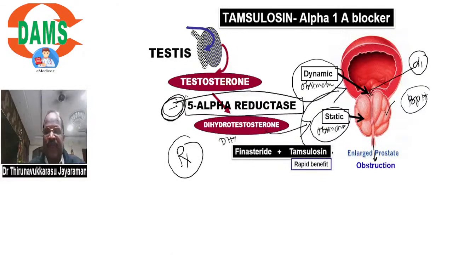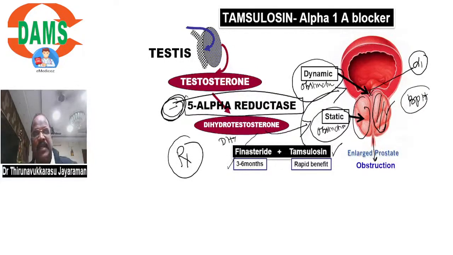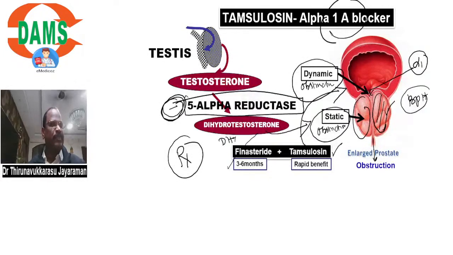It is tamsulosin. Whereas the size of the prostate is reduced by which drug? Finasteride. And to reduce the size of the prostate, finasteride takes at least about 3 to 6 months. So, for rapid symptom relief in a BPH patient, go for tamsulosin, which is an alpha 1A blocker acting on the internal urethral sphincter.